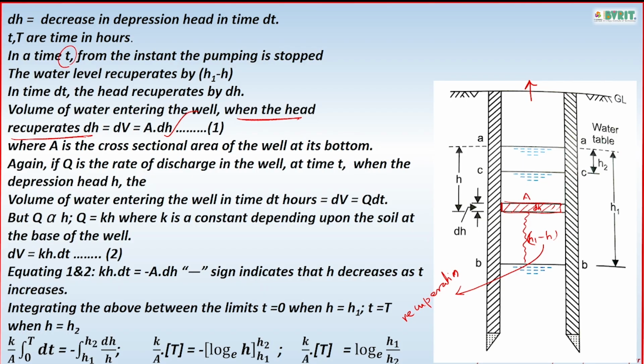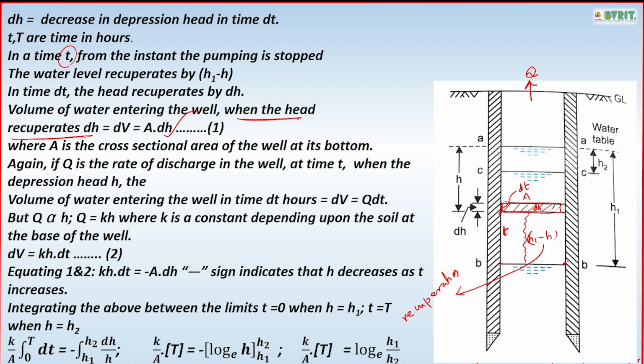Whatever this is, it has to come out from here. So what is the discharge generally? Q is the discharge. What do you mean by Q is the discharge? Q meter cube per second. But this dH recuperation took how much time? This dH recuperation took dt time. From BB to here, it took small t.